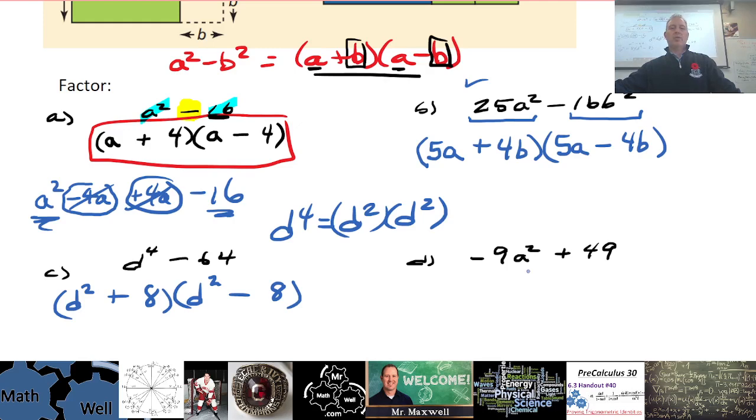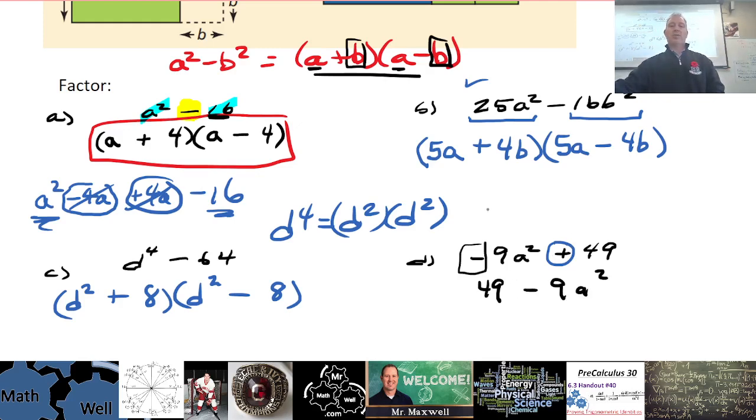Okay, D. This one looks a little funny. It doesn't look like it's a difference. So we've got a problem, right? No. We don't have a problem because it can be written as a difference. If you switch those terms around, you're actually going to get 49 minus 9a squared, you see? Because this is a negative 9a squared there. So if you just flip those around, it actually turns into a difference.